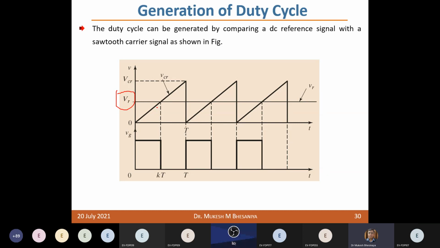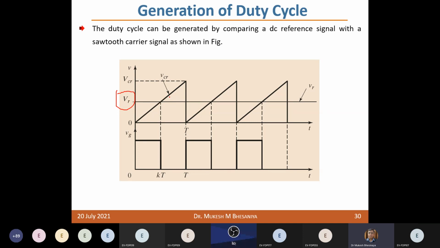Okay, you take the feedback of the speed, you feed it to the controller, and then the controller will find out the voltage. You have a reference voltage, and based on that reference voltage, the controller has to find out the duty cycle, right? So that duty cycle is generated once the reference voltage is there. The duty cycle is generated by comparison of that reference voltage with this type of a sawtooth carrier signal.